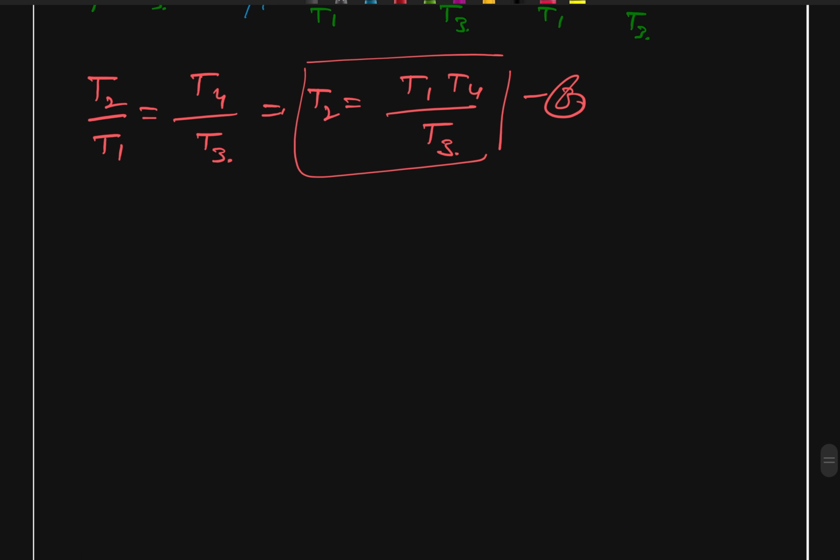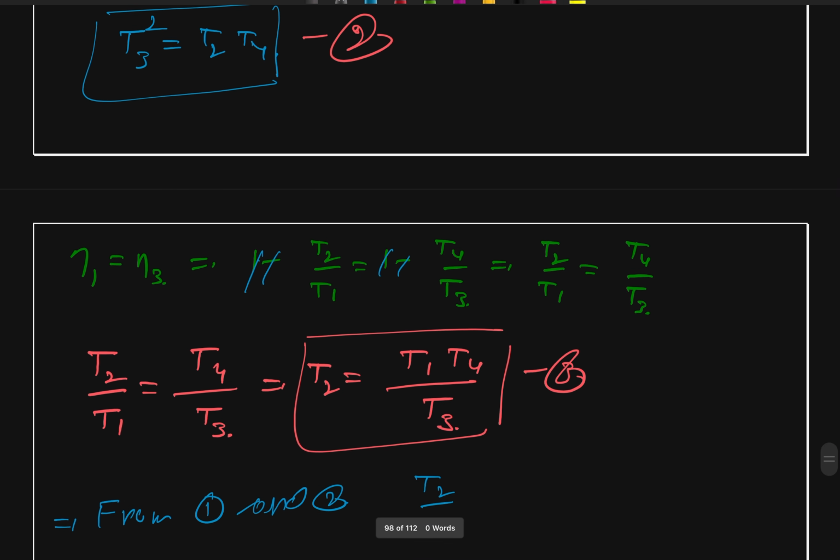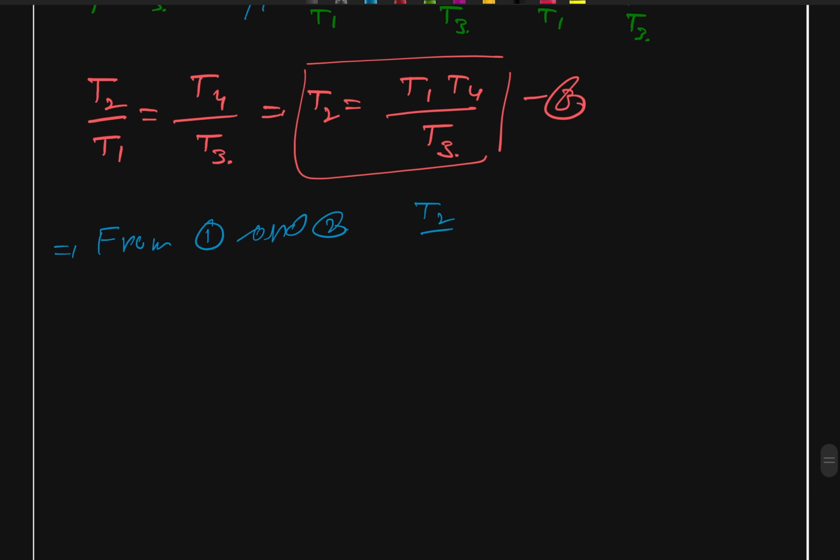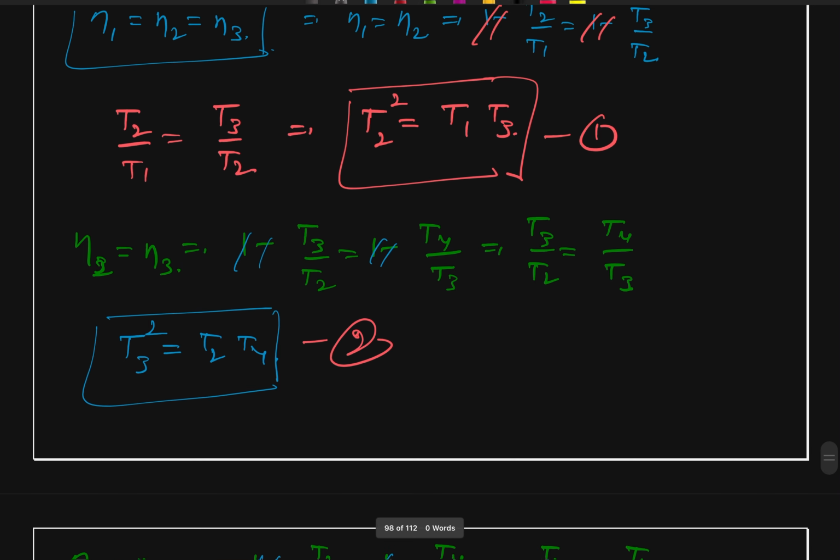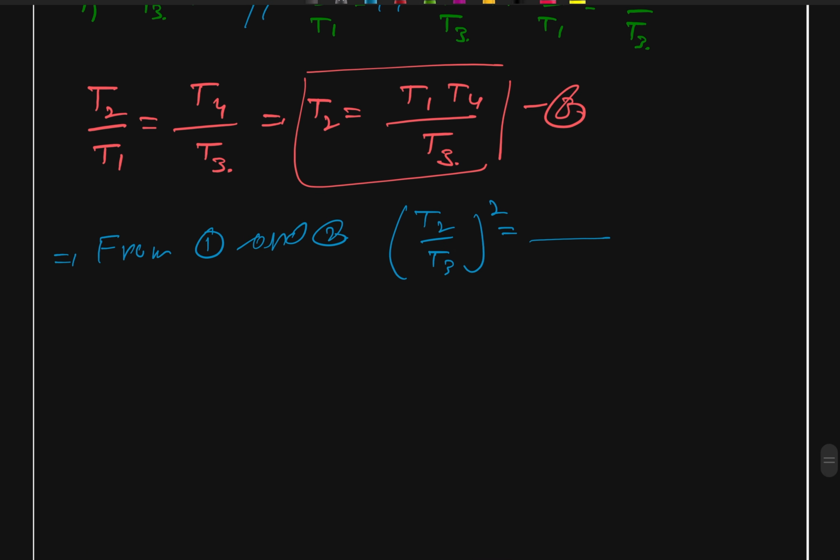From equations 1 and 2, we get T2 upon T3 whole square is equal to T1 T3 upon T2 T4.